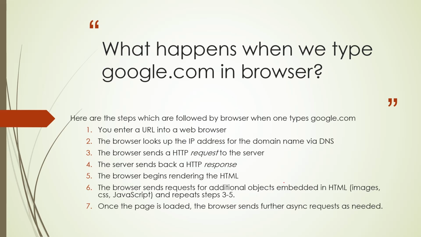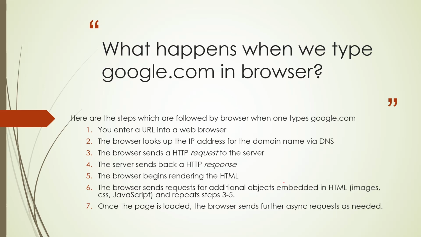Let's start with what happens. First of all you type a domain name, let's suppose google.com, in the browser. A machine does not know any words like Google; it only knows zeros and ones. So it will try to convert google.com to an IP address.